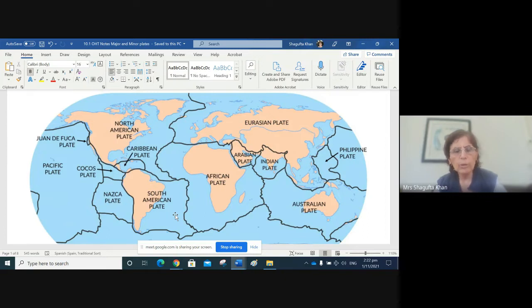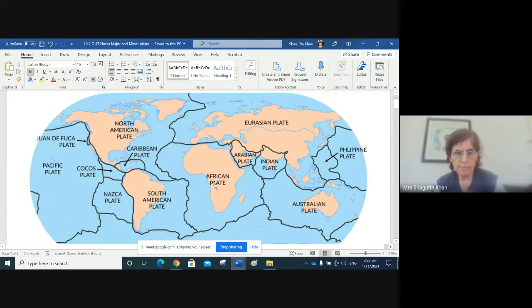And another thing that they know is that this wasn't the position of the plates millions of years ago. The types of rocks found in this area and the types of rocks found in that area are very similar. Like if there is a granite here, there's a granite here. That means this was one part. Also some animal fossils, like some of the land animals, they found their fossils over here and over here.